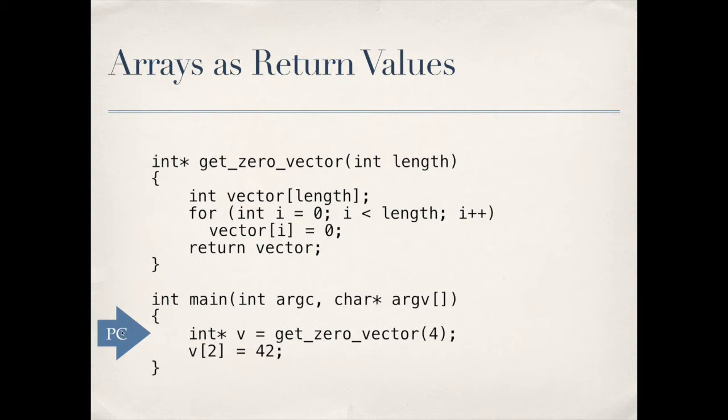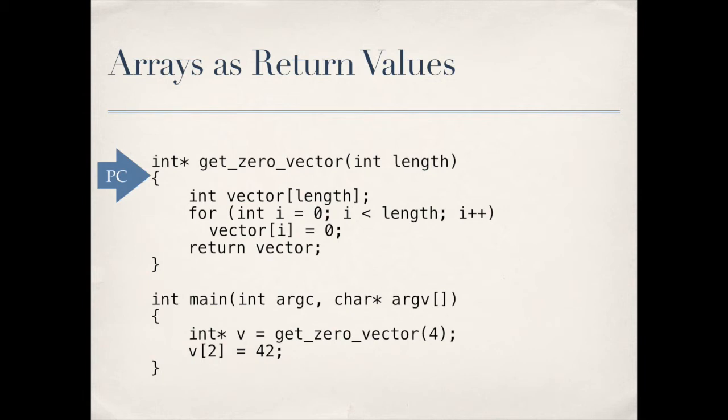If the program starts, it starts with the first instruction of main. So PC points to the first line, and then since we call the function getZeroVector, the PC jumps up to the start of getZeroVector.